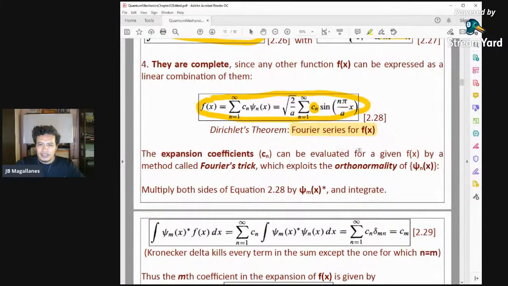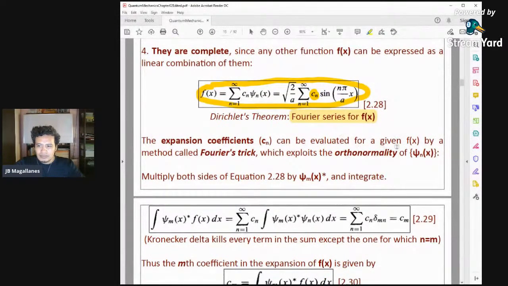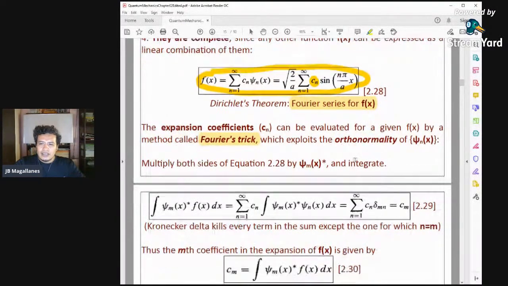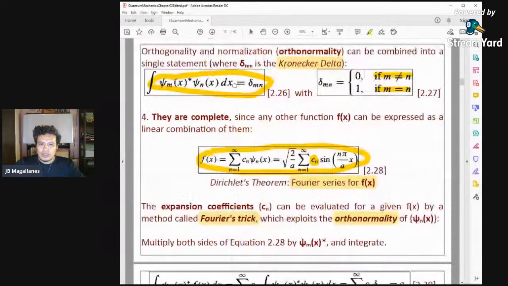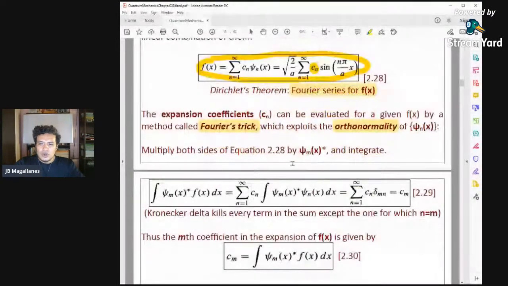You can use the Fourier trick to get the c n and exploit the orthonormality. You can use this one. Orthonormal means perpendicular.